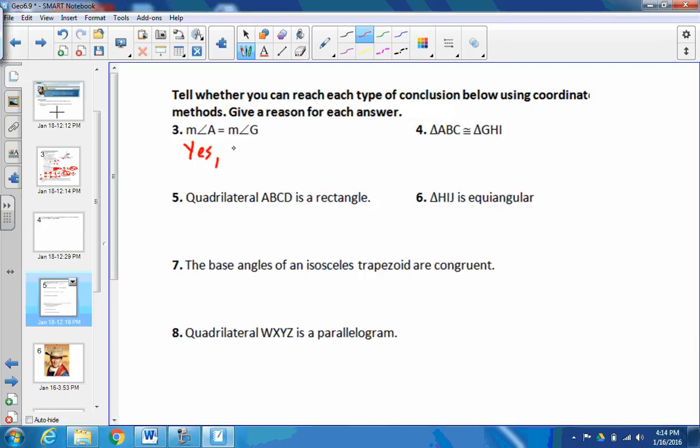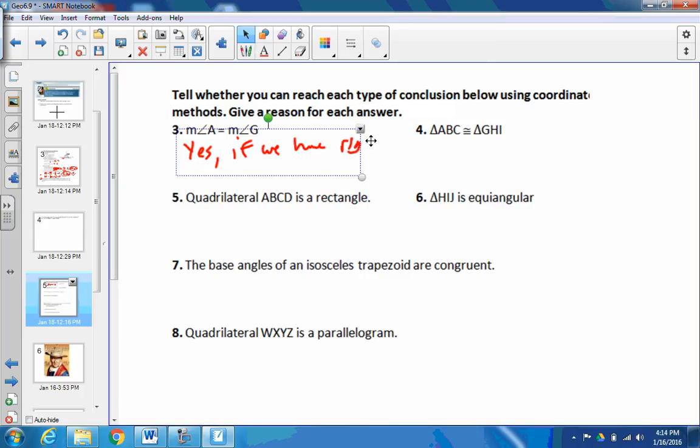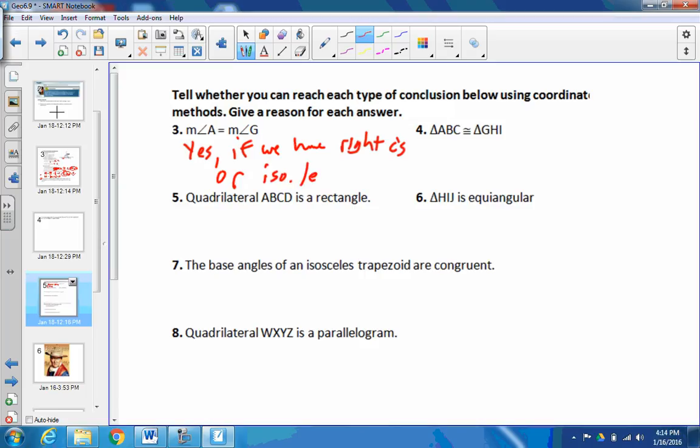I'm going to say yes if we have right angles or isosceles or equilateral triangles, because then we can prove things about angles. There's not too many times otherwise. I guess if we can prove that they're parallelograms, we know that opposite angles are congruent. There's different ways to do it, but again, we have to have certain things going our way.